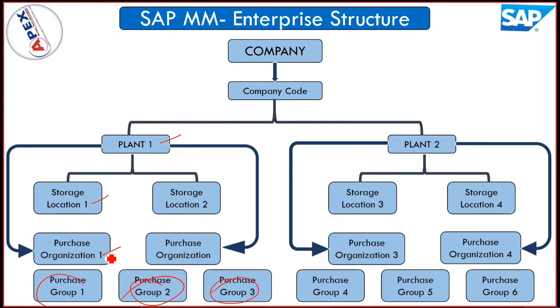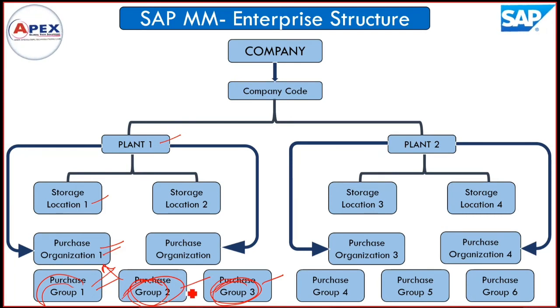Okay. Suppose, for purchasing organization one, we have group one, group two, group three. Whatever the sales activity, whatever the procuring activity is done, that is updated to purchasing organization one. These groups may be external or internal. They can be maintained within the company or outside the company also. The purchasing group is nothing but a group of people, like agents. To procure steel, we have allotted purchasing group one.